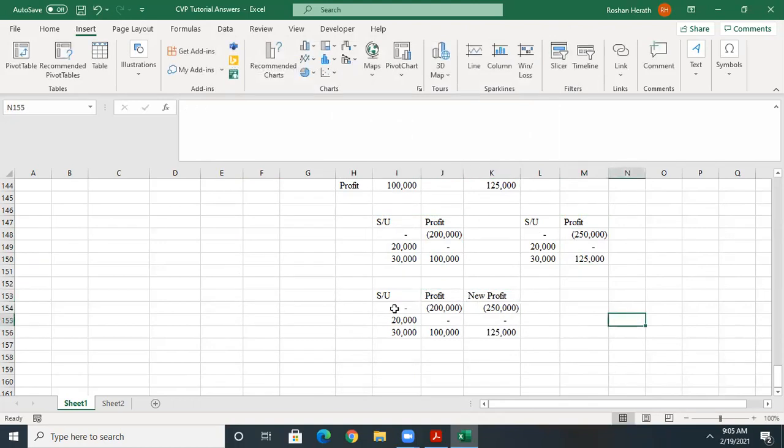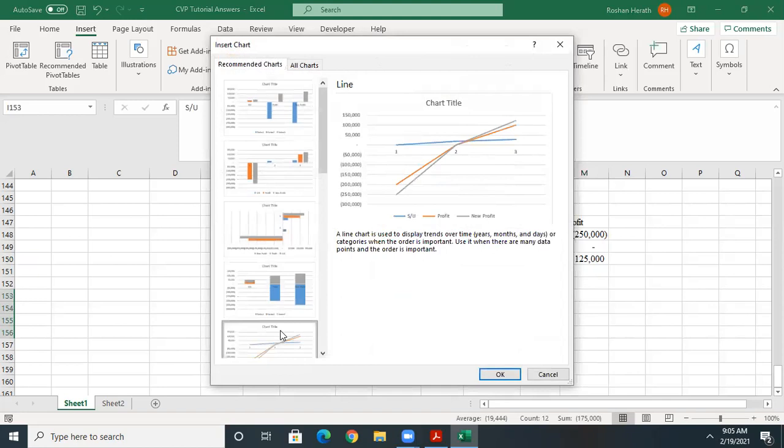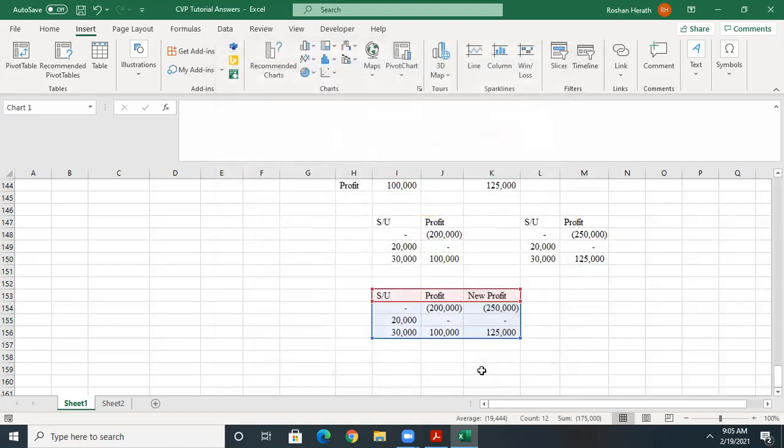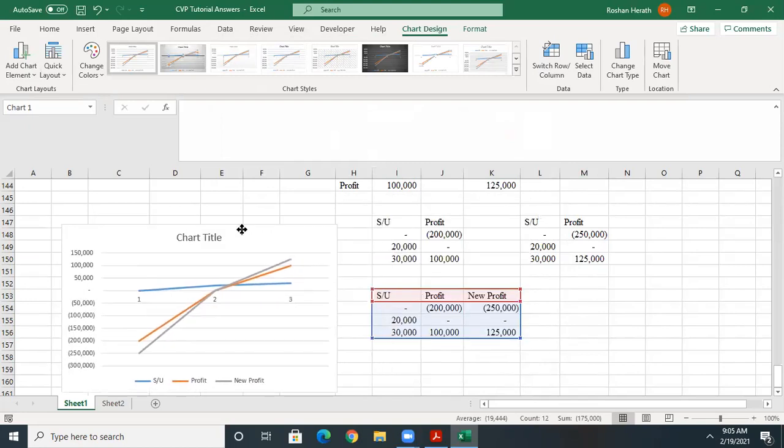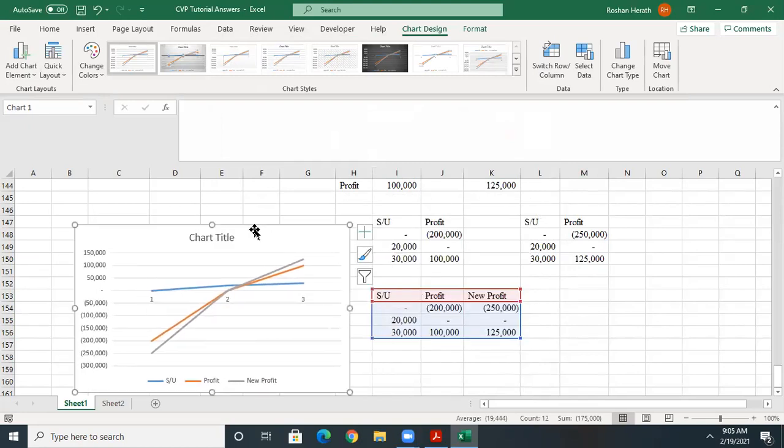So you can select the entire thing. You can just go and take a graph. Okay, its unit is coming, but there are three graphs.